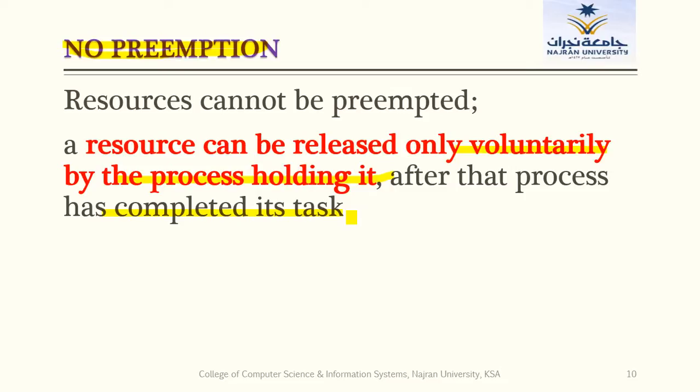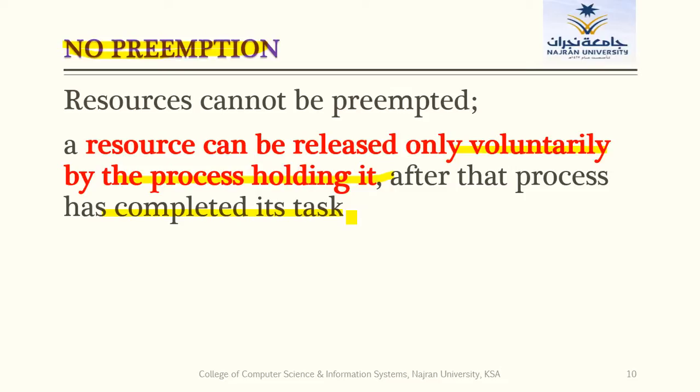So this is the third reason, no preemption, that we are not able to take control back. We are not able to take any resource back from any process. If we want our system to run smoothly, then we need to include the preemptive approach.